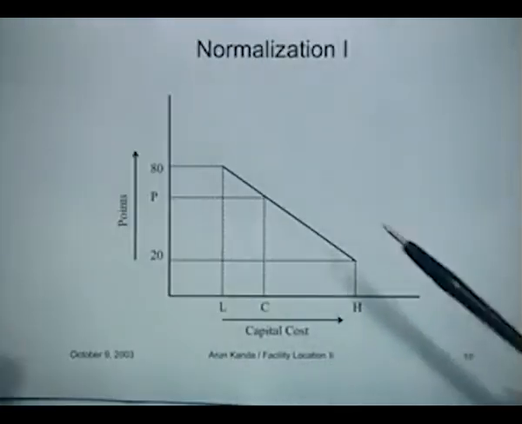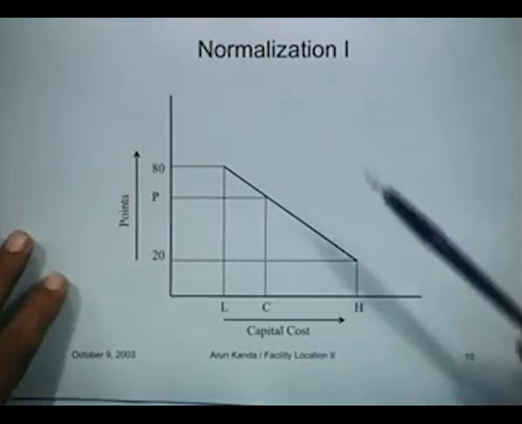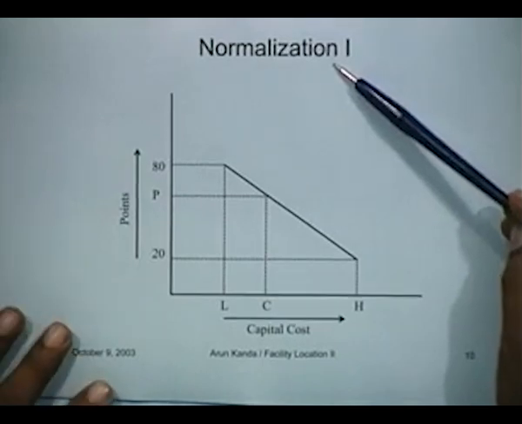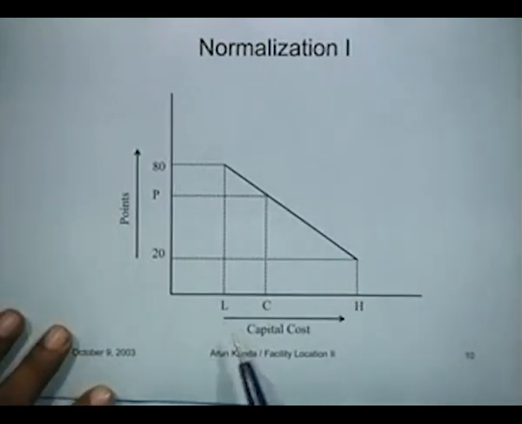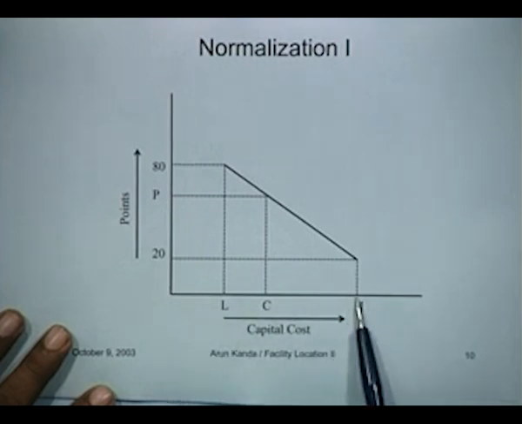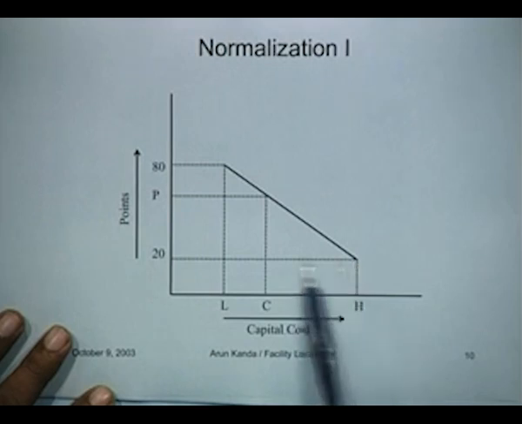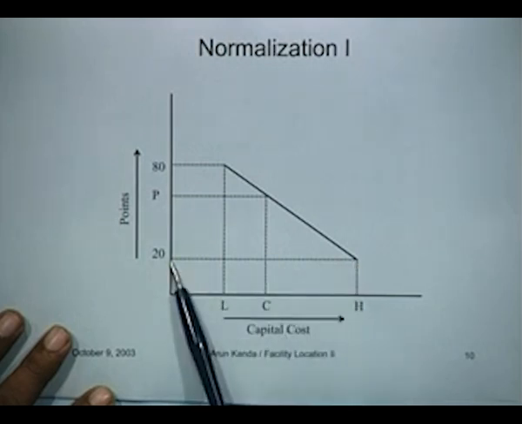Now, a word about normalization. What we mean by normalization is that depending upon the objective, suppose our objective is capital cost, and we have investigated a number of different alternatives, then among the alternatives, the one which is the highest in terms of capital cost should be given the least marks, that is 20.